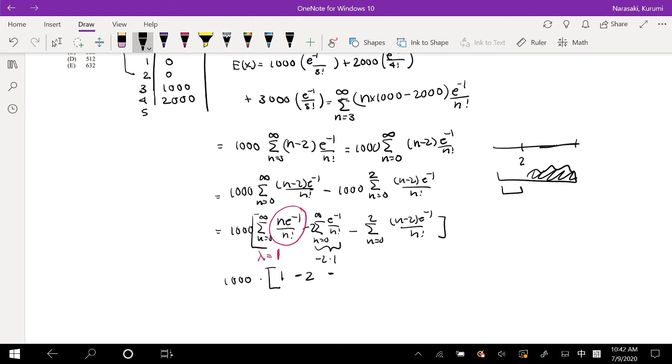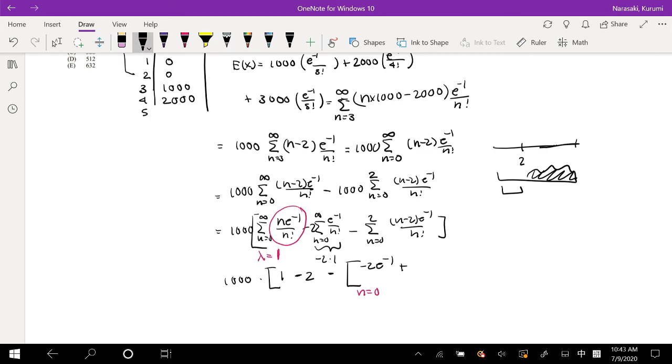And then we're figuring out this part. Since this is discrete and finite, we can easily figure this out by just plugging it in. So if I plug in, let's say n equals 0, then we get negative 2 e to the negative 1 over 0 factorial, which is just 1.